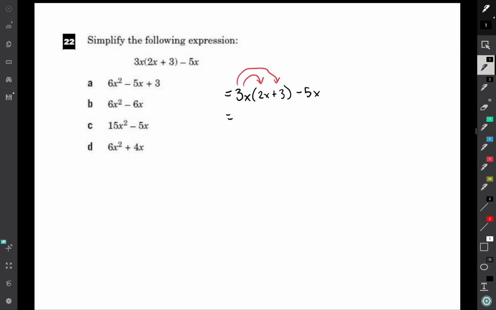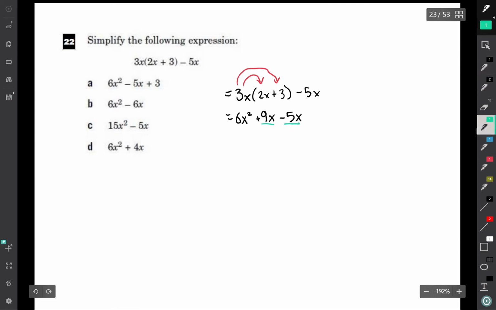Okay, 3x times 2x, 6x squared. 3x times 3, 9x minus 5x. So we just clean it up a bit because these two terms are like terms. And we get 6x squared plus 4x, D.